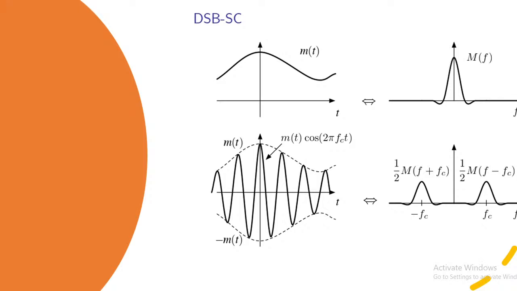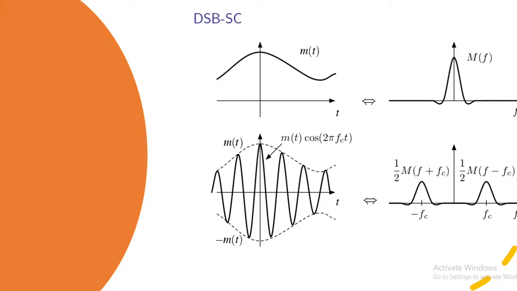M(f) is around the baseband, or around f equal to 0. Now, with the Fourier transform, M(f) goes to f plus minus fc. fc is the frequency of the carrier signal. So when you take the Fourier transform of m(t) with cos 2 pi fct, M(f) is the Fourier transform of m(t), then this M(f) will shift to the left side and to the right side, and its amplitude will be half.